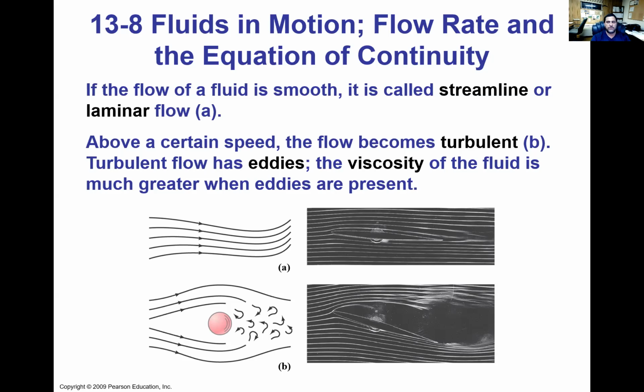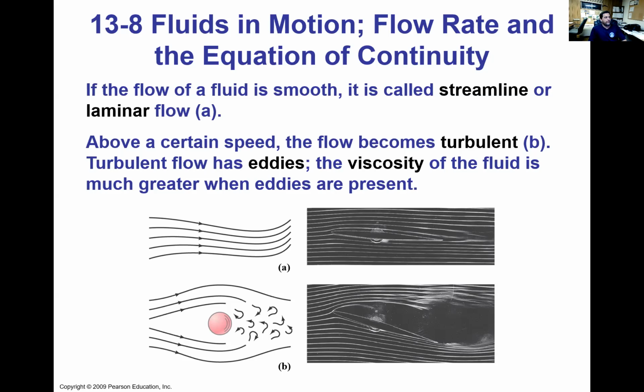Once the fluid starts moving at greater and greater speeds, it becomes more turbulent and it becomes turbulent flow. It has these little eddies, and think of a section of rapids, like from a dam release, if you've ever gone whitewater rafting.